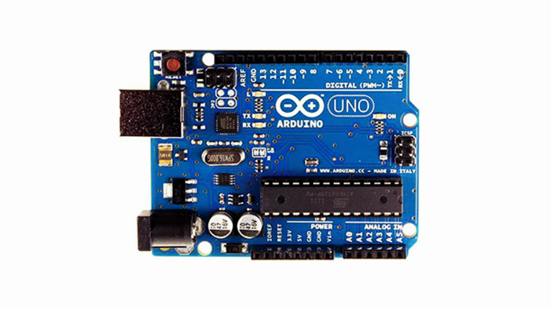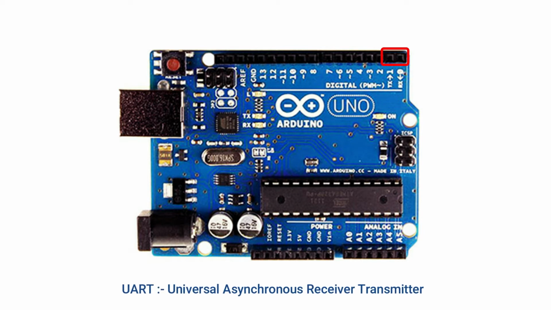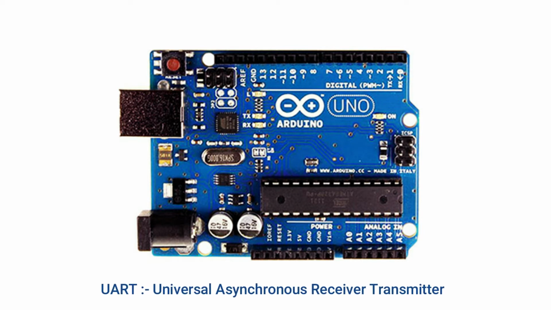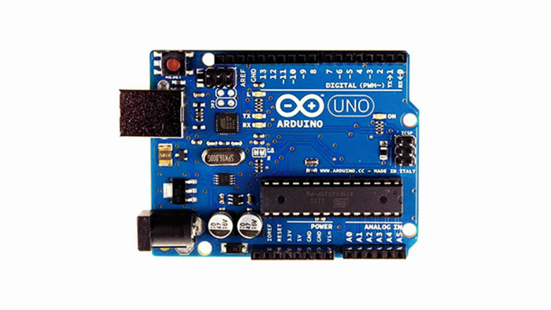In Arduino, the digital pins D0 and D1 are also named RX and TX pins. These RX and TX pins use the UART communication protocol to communicate data. This UART communication protocol is also known as serial communication. If anyone doesn't know what UART communication is, I will give you a brief about it.